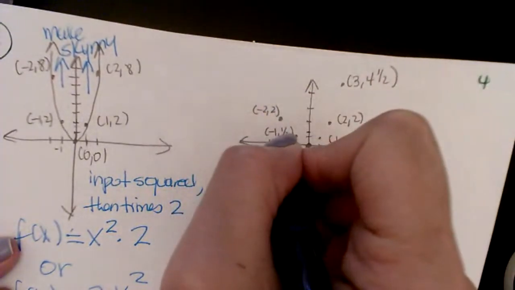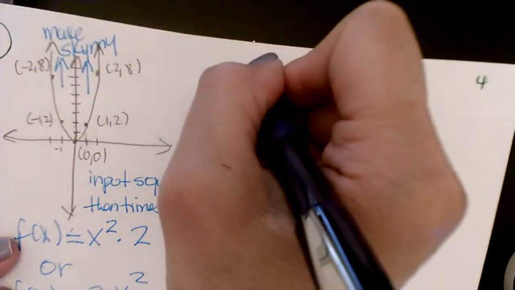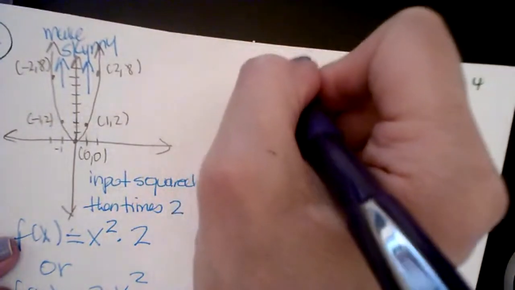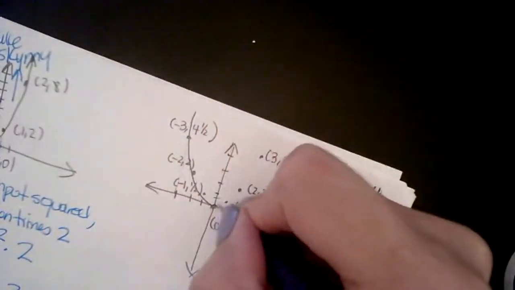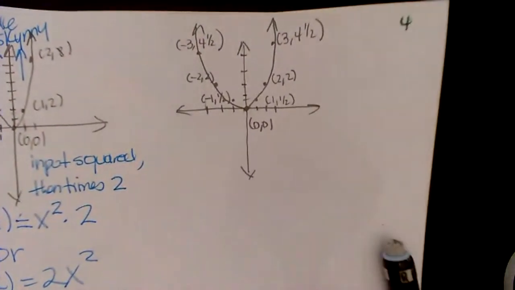And then we have -3. Sorry for the noise, guys. -3 comma 4.5. So what we have here is kindness. My specialty is not making these graphs, okay?